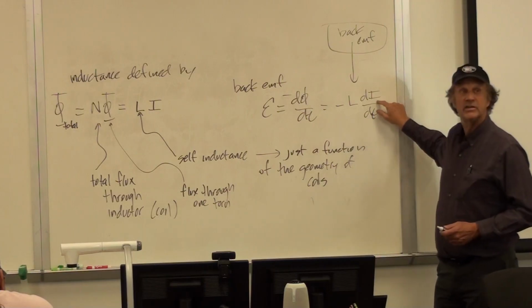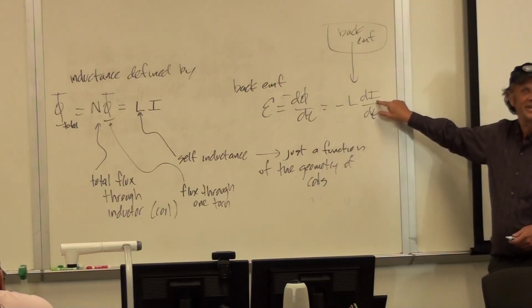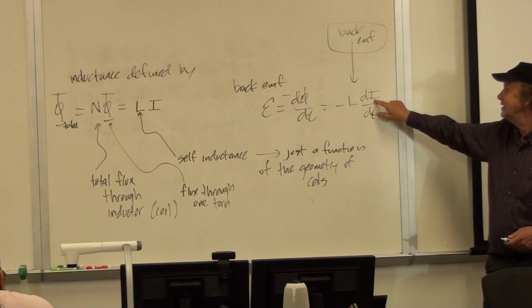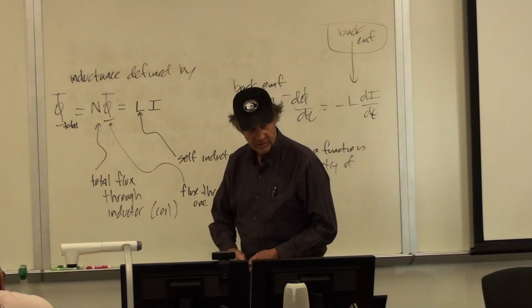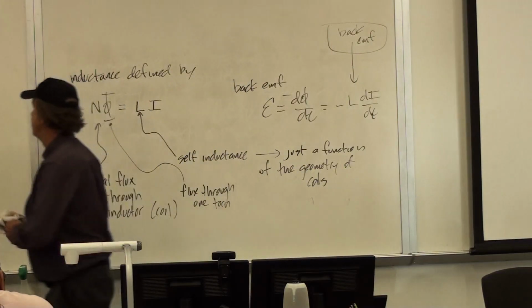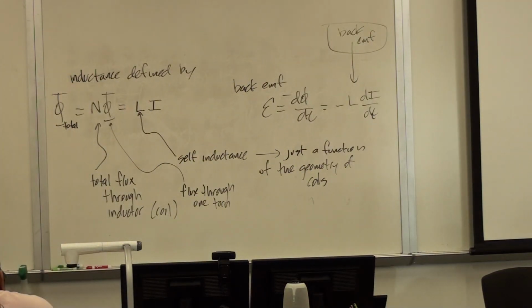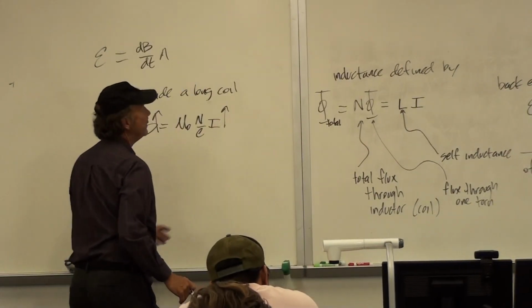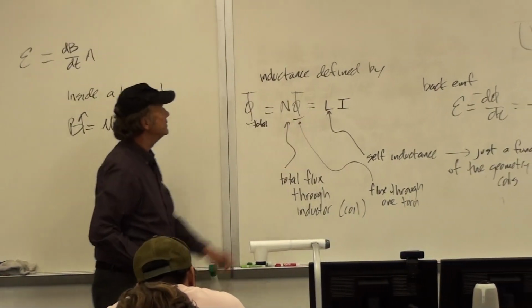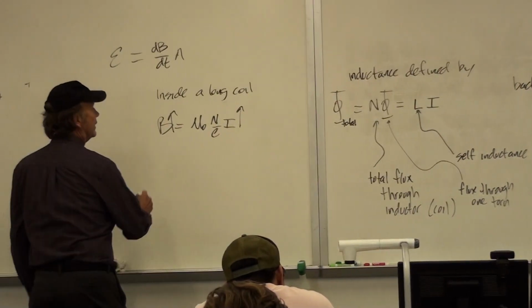This fights against changes in current, which is also fighting against changes in velocity, right? Because the current is proportional to the drift velocity. So there is a real connection. It's not just a math relationship that doesn't have any physical significance. So anyway, let's go back here and let's find L for a long straight coil.